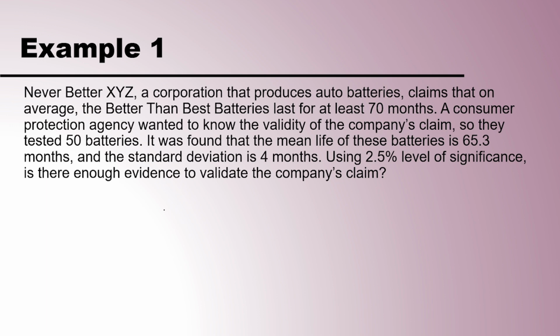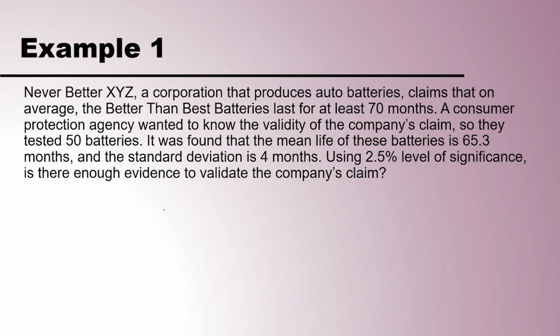It was found that the mean life of these batteries is 65.3 months and the standard deviation is 4 months. As we can note here, yung standard deviation of 4 months, that is only for the sample. It's not for the entire population. That is why we will use here t-test. Using 2.5% level of significance, is there enough evidence to validate the company's claim?